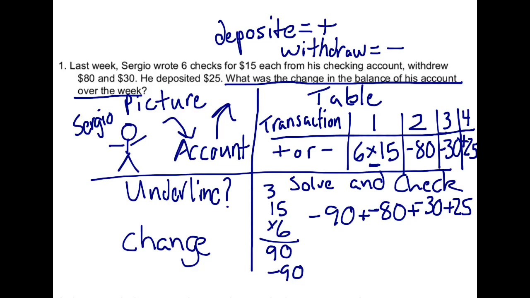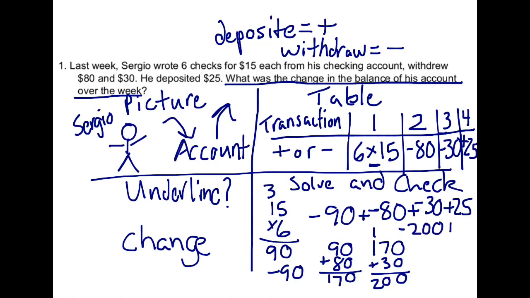I can add those up and just keep the sign. 90 plus 80 is 170. 170 plus 30 is 200. So I have 200 negative plus 25 positive. So when I'm adding 2 different signs, I'm kind of canceling them out. I'm taking them away. So I'm going to do 200 minus 25.